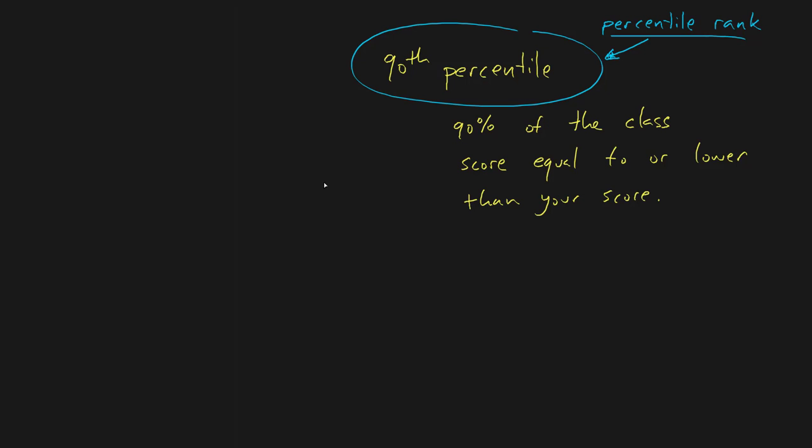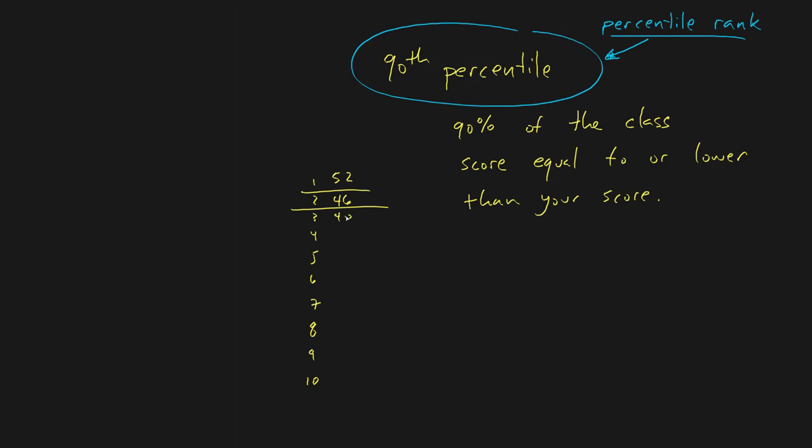Well, let's take 10 students from the class. And maybe the top mark was barely a pass. It was a 52. And your score, let's say you failed, you got a 46.